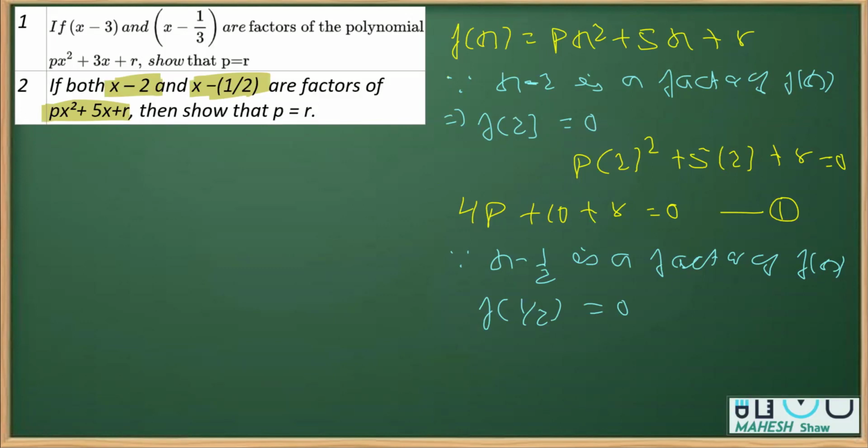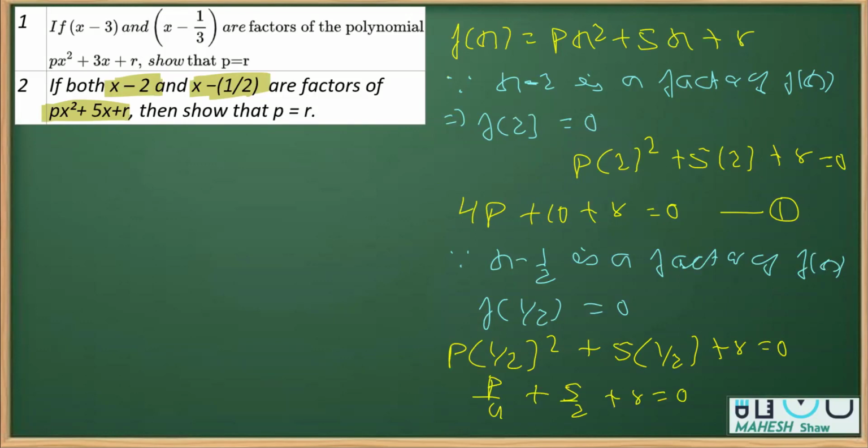So this is p times half square plus 5 times half plus r is equal to 0. Now we can first solve it. Half square is 1 over 4. So this is p over 4 plus 5 over 2 plus r is equal to 0.